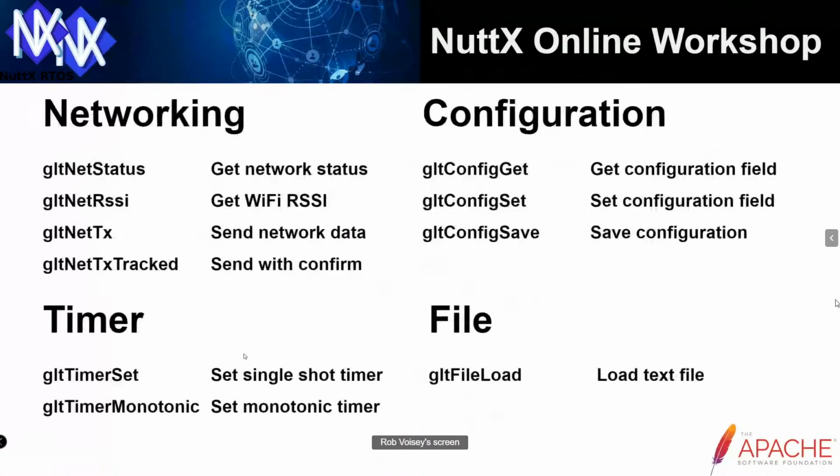I'll very quickly scan through the API that's implemented. So these are the functions. There are some networking functions to get network status and to transmit network data to another station, which could be a player or it could be the server. You can also transmit and request tracking, which means you'll get an event showing you whether that was successful.